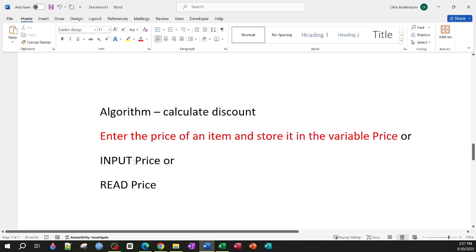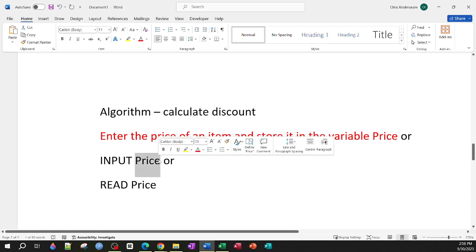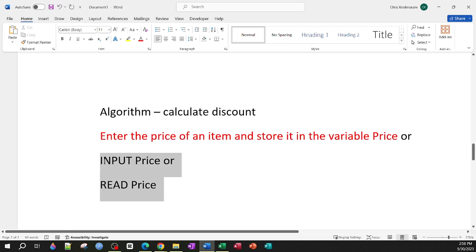That long line is just two words. Either read price or input price. So read or input is a keyword, an indication of the action that you're going to enter a value, you're going to type in a value, you're going to put a value into the computer. And you simply indicate where you are going to store this value once you put it in. I'm going to store it in a variable called price. So this is how we would normally indicate input when we're creating an algorithm, a pseudocode. Are we clear on this here?